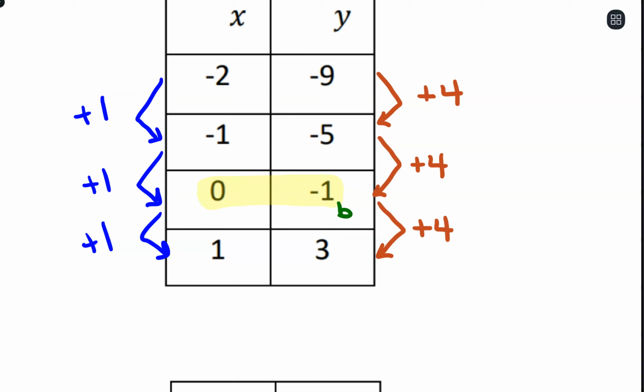That's my value for b. And then for the slope, we take our change in y over change in x, which we saw our change in y is 4, change in x is 1. So I'm getting 4 over 1 for the slope. So this would be y equals 4 times x, and then b is the -1. So 4x minus 1.